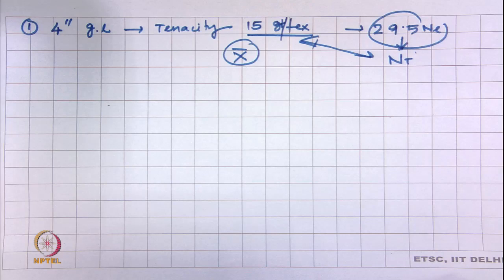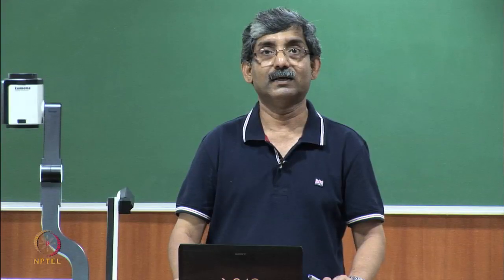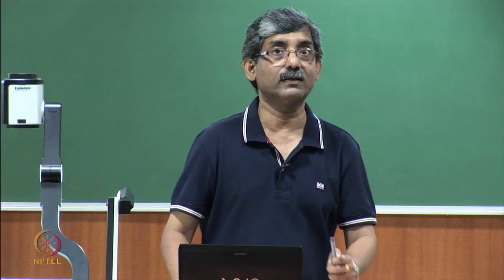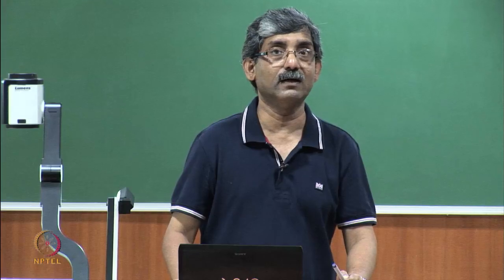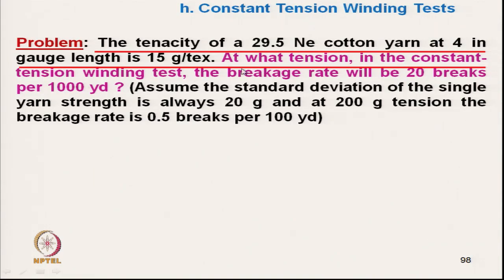The question, which we have put in pink color, is: at what tension, in a constant tension winding test, will the breakage rate be 20 breaks per 1000 yard?